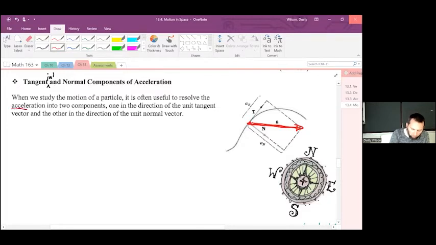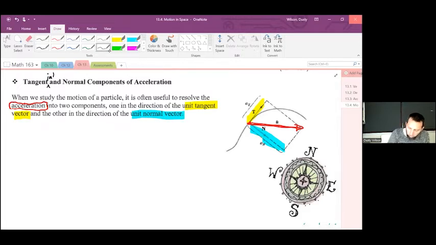Here's our acceleration. And so we're going to break it up in two parts. Part of that acceleration is going to be in the direction of t, that unit tangent vector, and the other part is going to be in the direction of n, the unit normal vector.